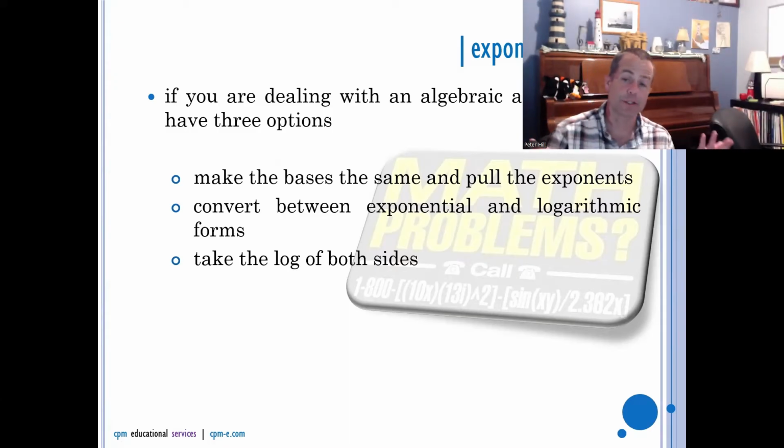If you're trying to get rid of an exponent, maybe you could switch it to logs. Or if the variable you're solving for is trapped inside a log, you can convert it to exponential form and that will untrap it. Or you could take the log of both sides.